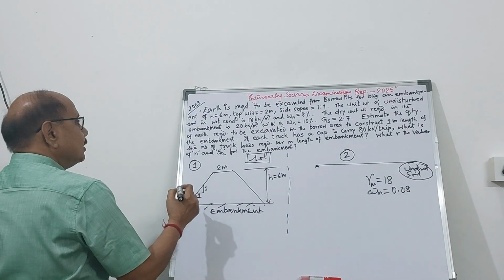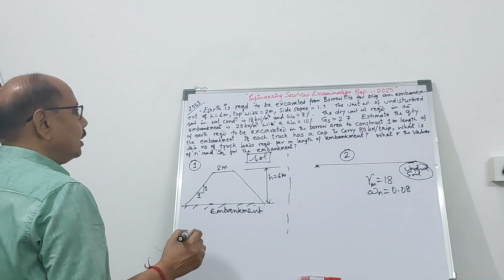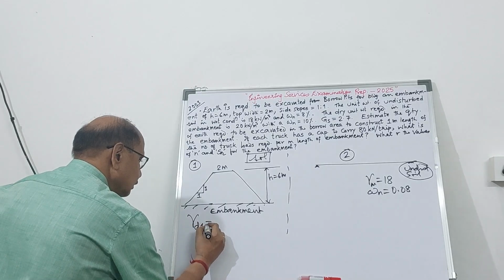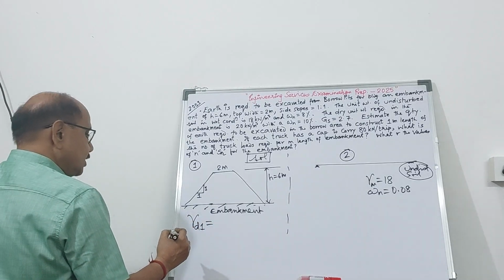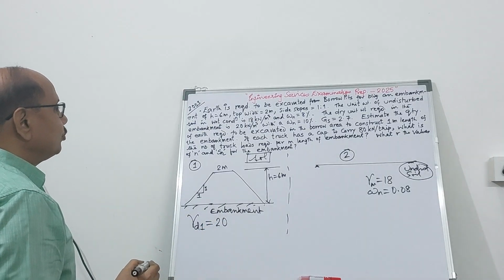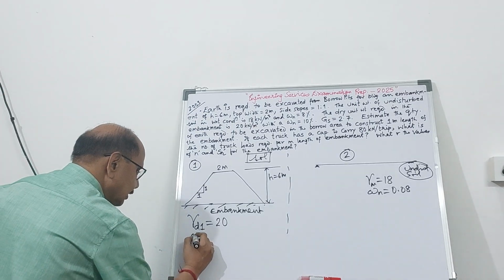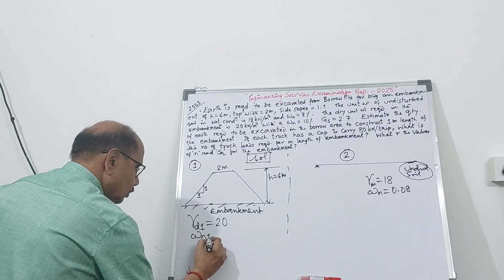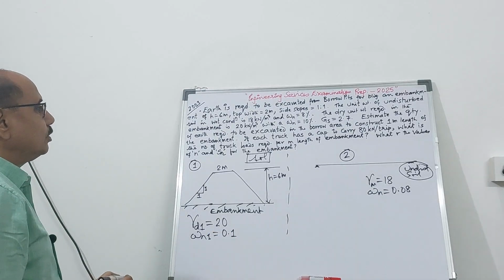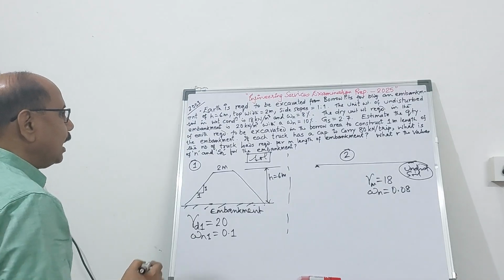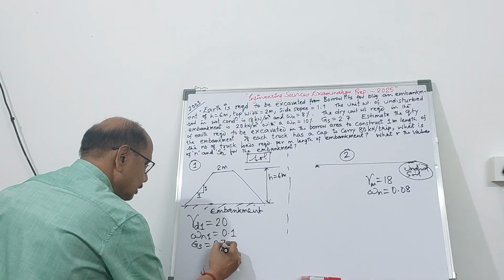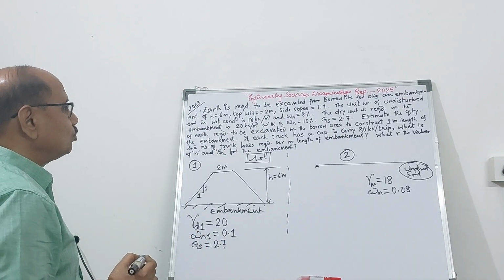So here the dry unit weight gamma d1 of this embankment part is given to you as 20 kilonewton per cubic meter, and the natural moisture content is 10%, that is 0.1. And the specific gravity of soil solids is known to us, 2.7.